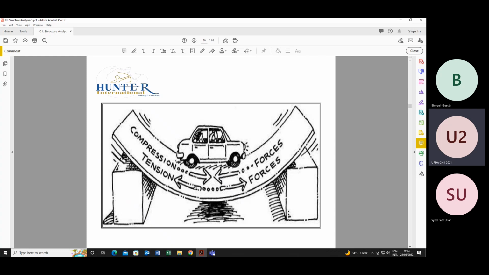The lower fiber will be pulled apart, forces acting apart from each other, causing tension in the member. In the upper fiber, forces will be tending towards each other, so this will be compression. So in the upper fiber there will always be compression in this situation, and in the lower fiber it will be tension.